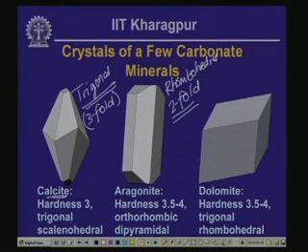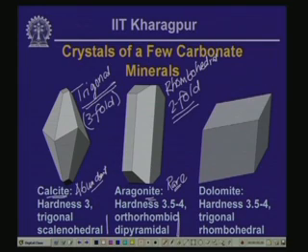Now, in this case the hardness of calcite is 3, whereas the hardness of aragonite is 3.5 to 4, and the crystallographic symmetry is also mentioned here. Now, I also indicated that aragonite mineral is more rare than calcite. Calcite is more abundant.